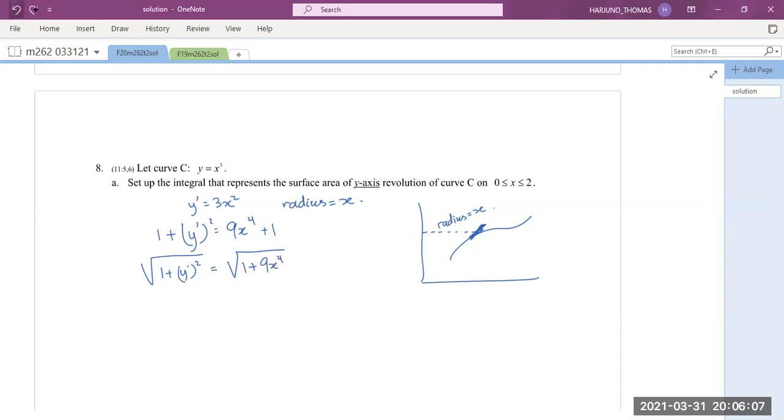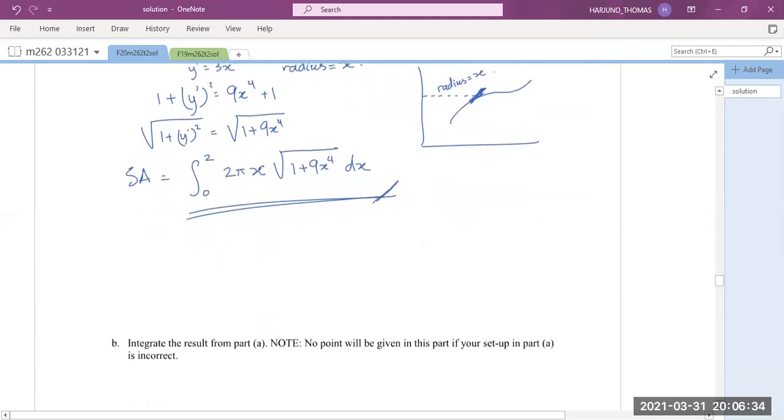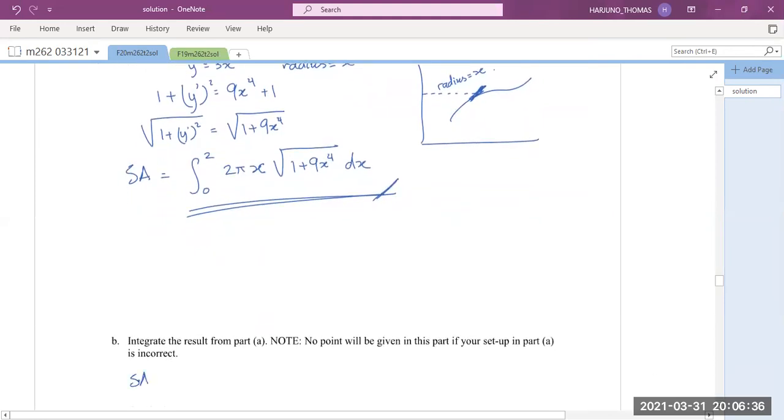The surface area will be integral from 0 to 2 of 2 pi radius square root of 1 plus 9x to the fourth dx. That's the setup. How to integrate this? Any plan how to integrate this?